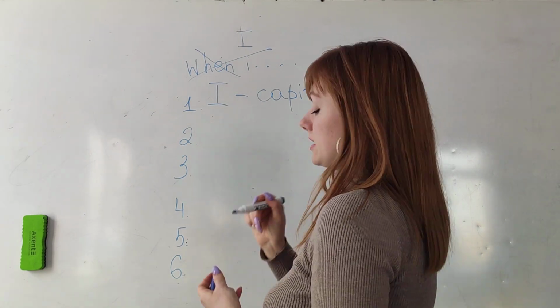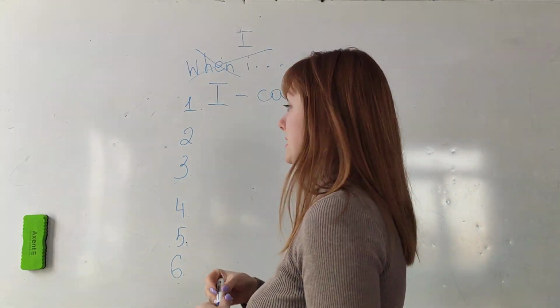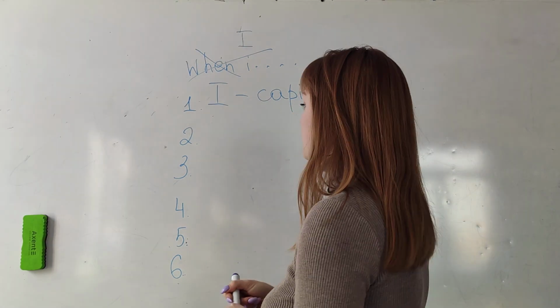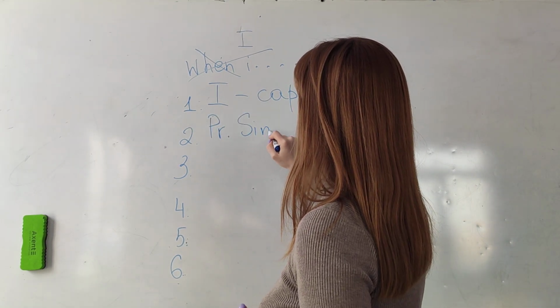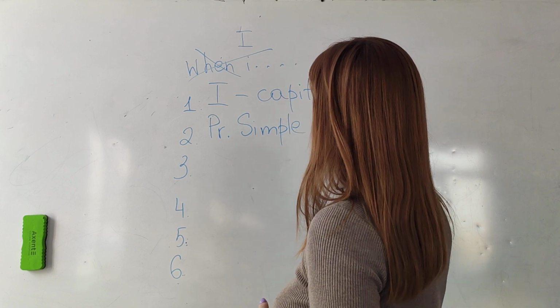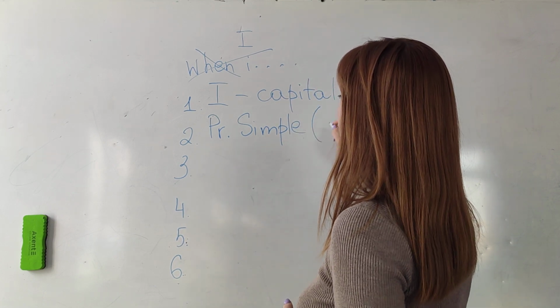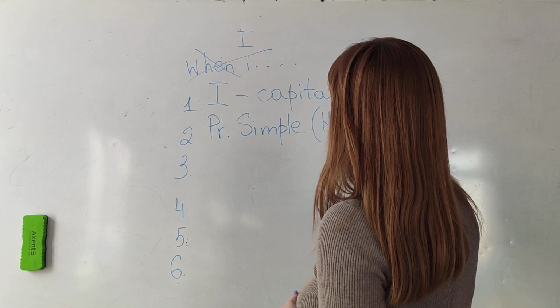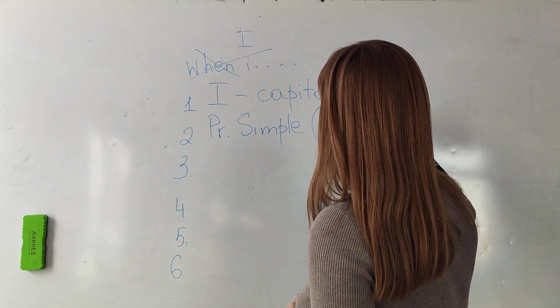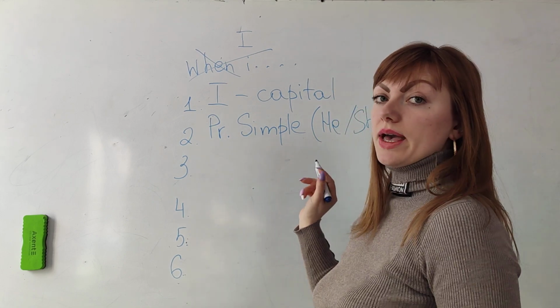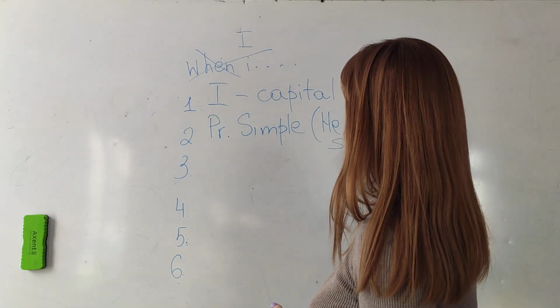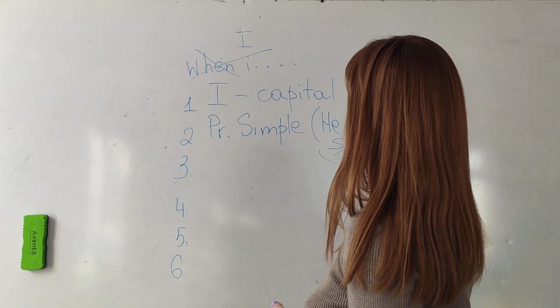The next mistake was present simple, our beloved present simple. You have to remember, he, she, and it, to the verb we add ending s or es.